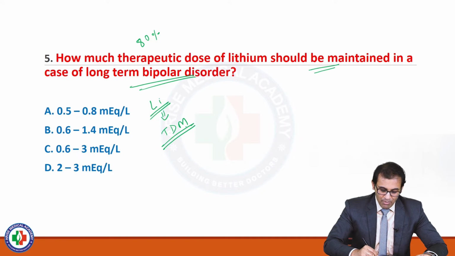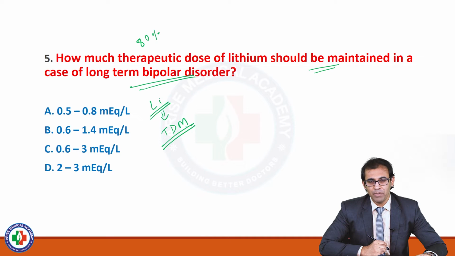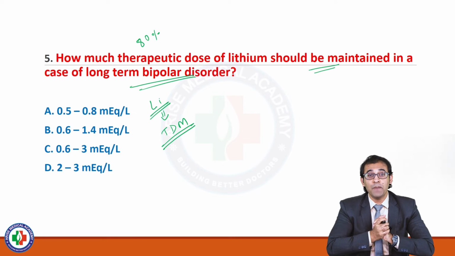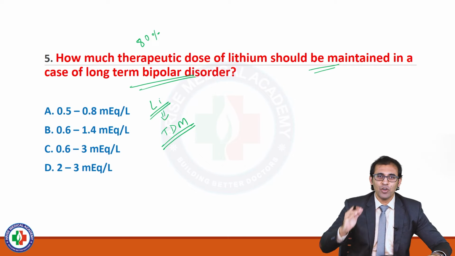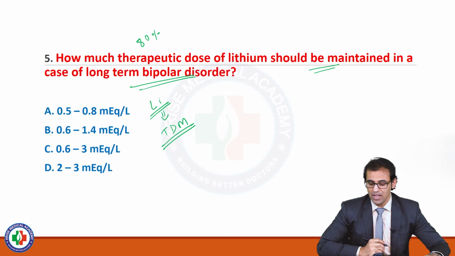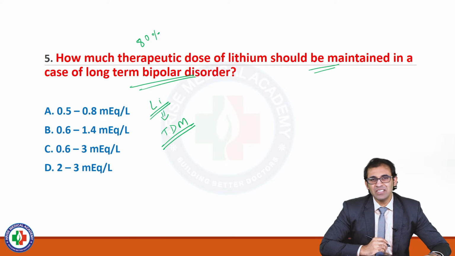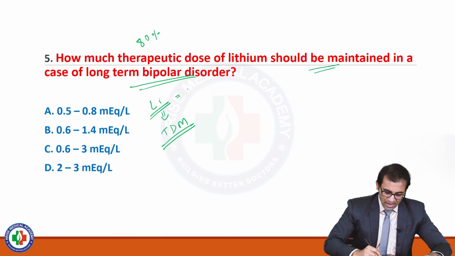What is the meaning of TDM? Therapeutic drug monitoring. Whenever we are using any toxic drug, we have to keep monitoring the plasma concentration of the drug. Therapeutic drug monitoring should be performed when the plasma concentration level is achieved. How much is the half-life of lithium? The half-life of lithium is 1.3 days.